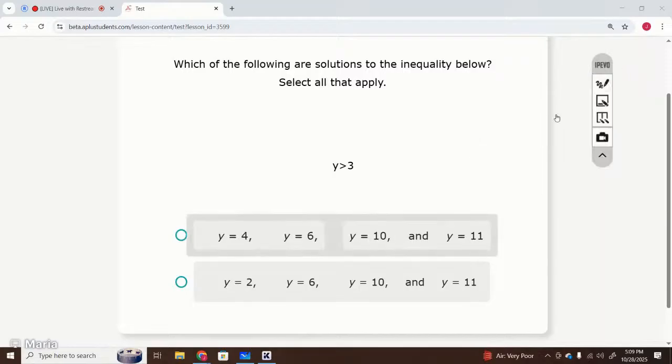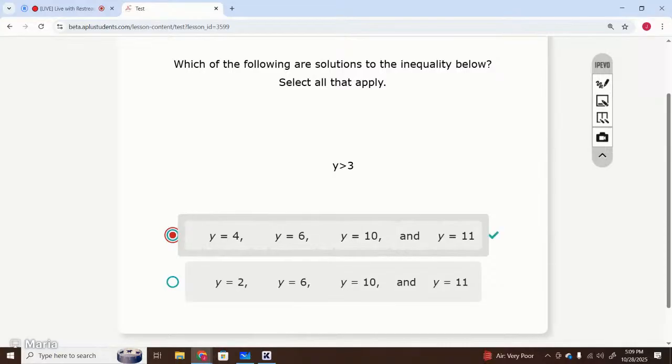Option number 1 is the correct option. That is Y is 4, 6, 10, and 11.